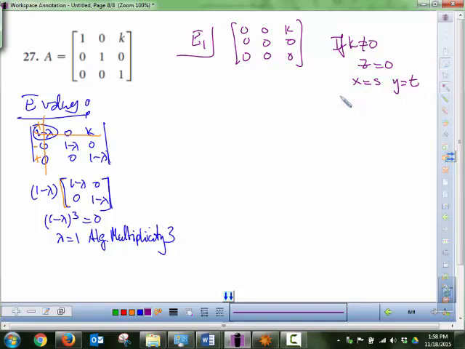So what's that mean? That means my x, y, z solution is going to be s times 1, 0, 0 plus t times 0, 1, 0. So I have 2 linearly independent eigenvectors.